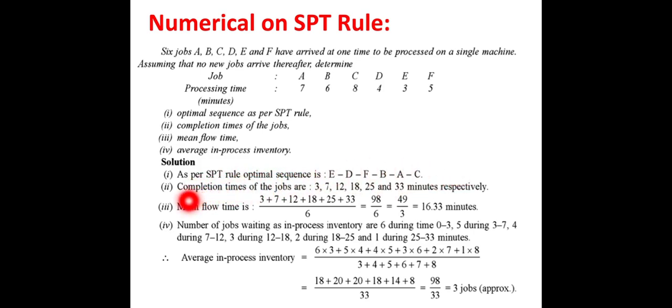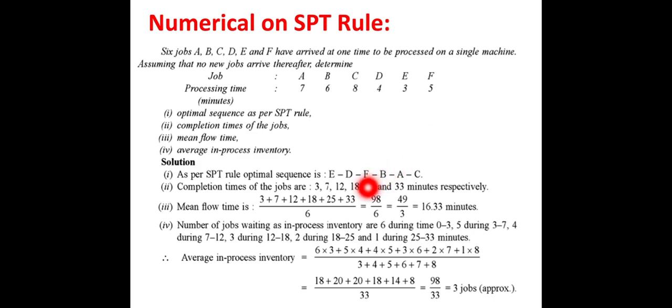So the completion times of the jobs are as follows. For completion of job E, the time required is 0 plus 3, so the time taken is 3 minutes. To complete job D, the time taken will be 3 plus 4. After completing job E only, the machine will do job D. Hence the time taken will be the summation of time taken for E and D, so it will be 3 plus 4, that is 7 minutes.